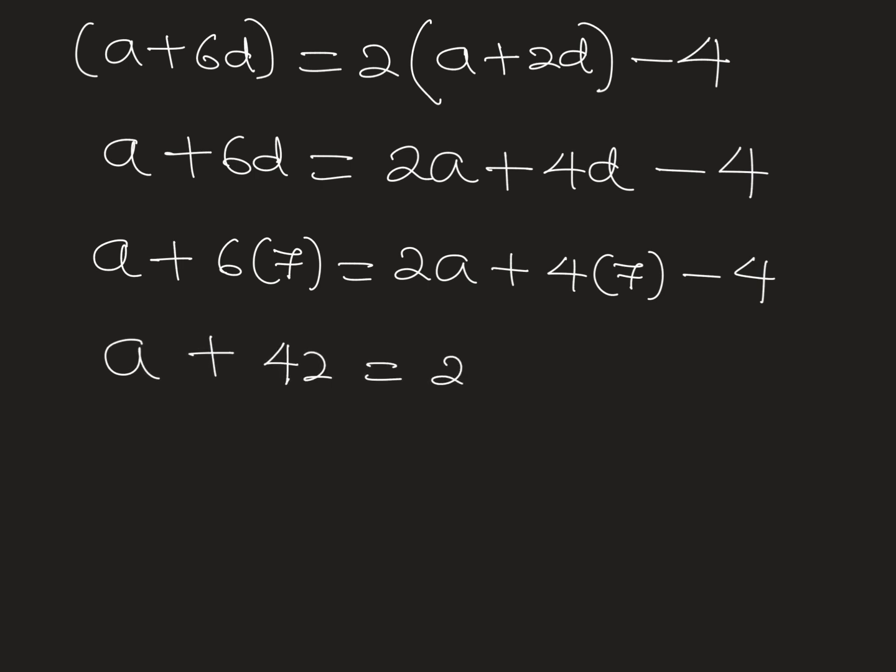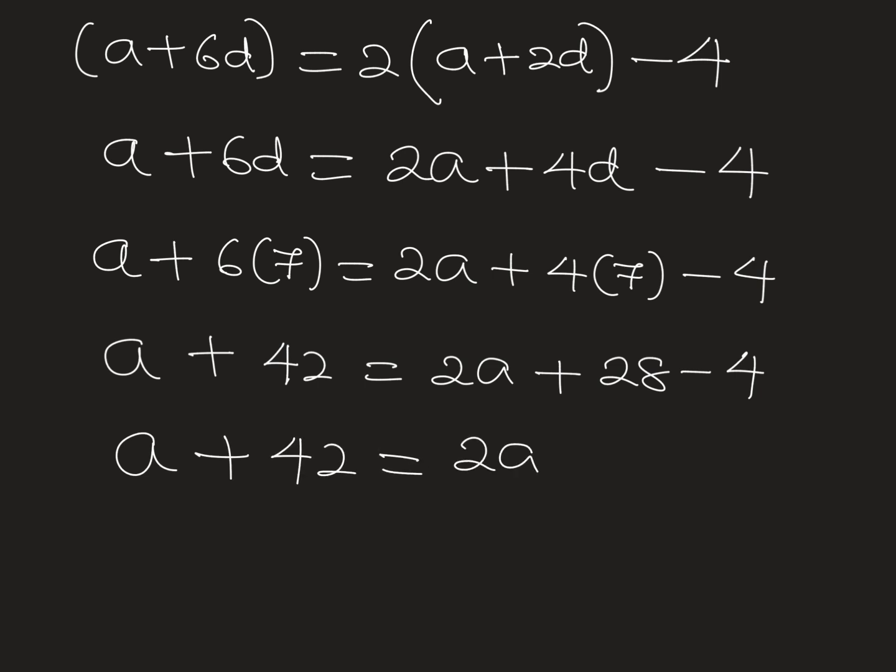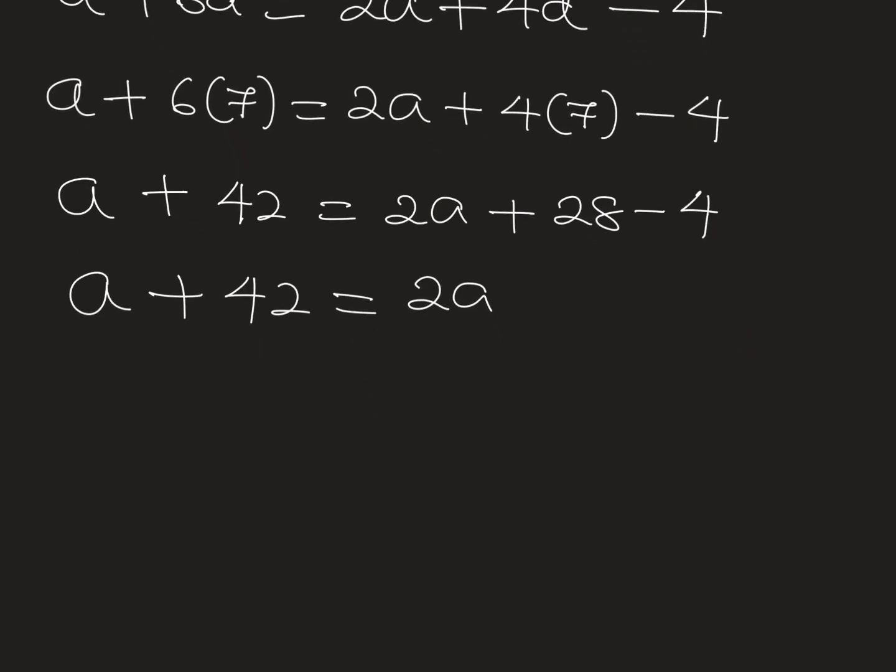This is equal to 2a plus 4 times 7 is 28 minus 4. So that is a plus 42 is equal to 2a plus, 28 minus 4 is going to be 24, right?